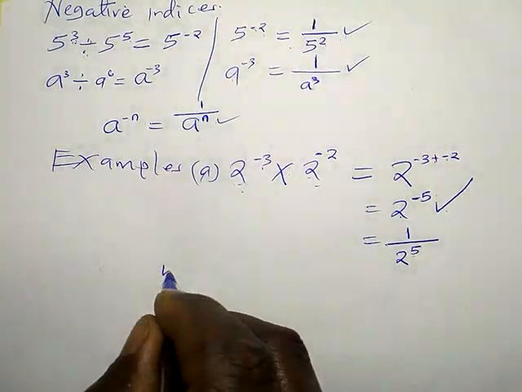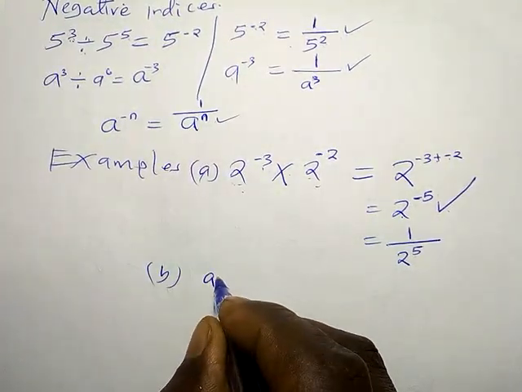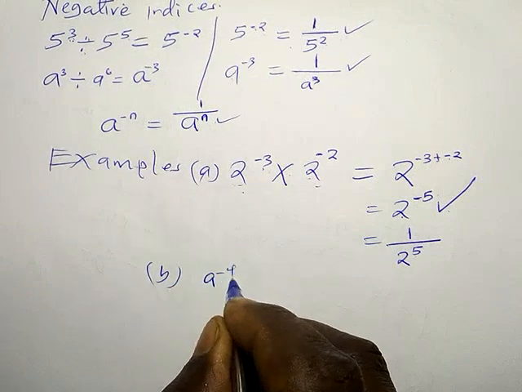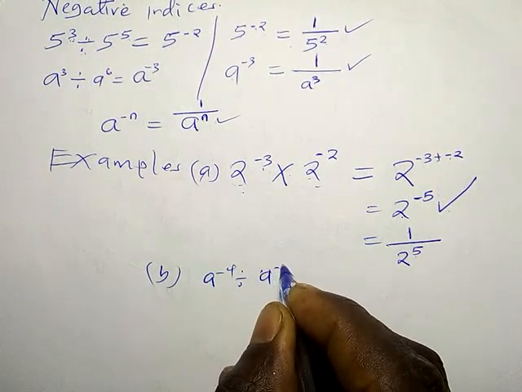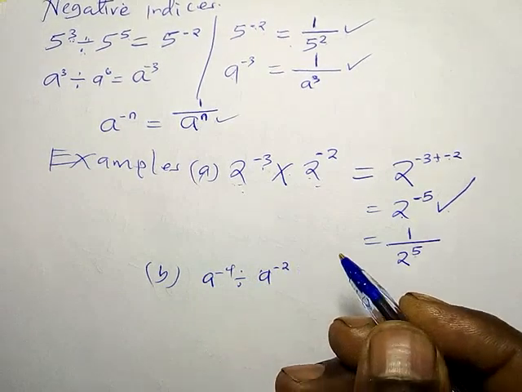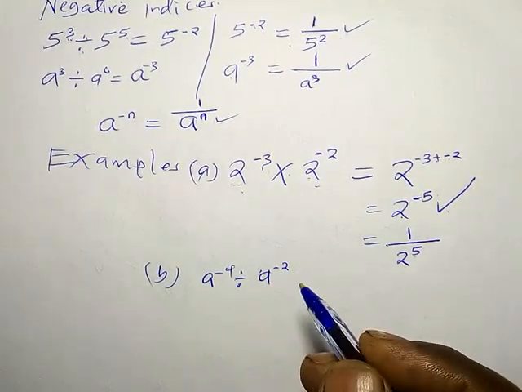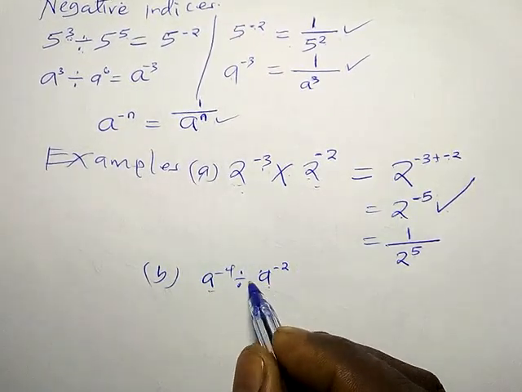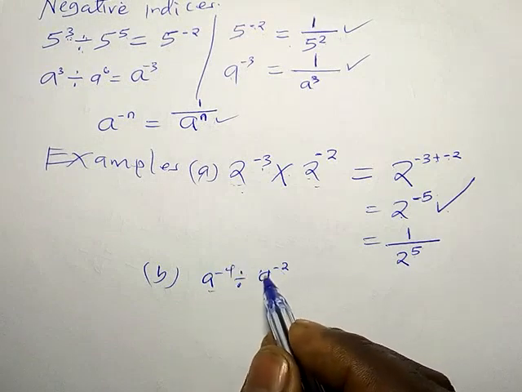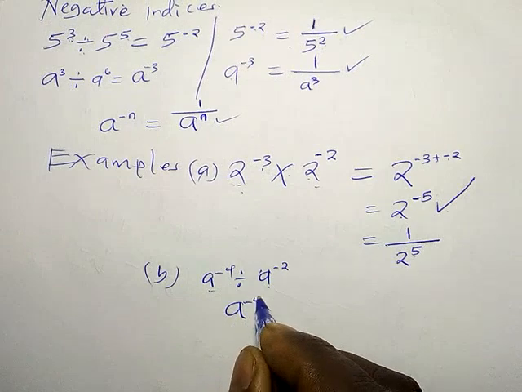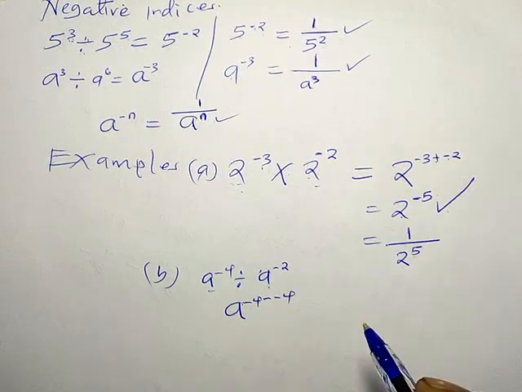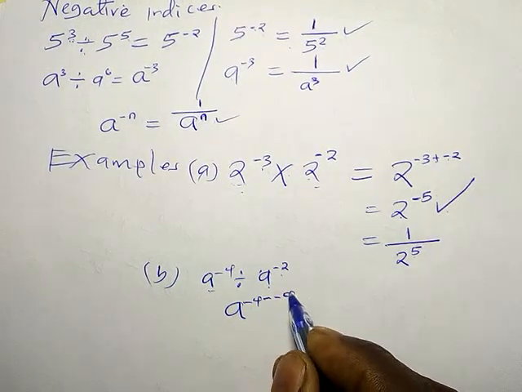Another example, B, is a raised to power negative 4 divided by a raised to power negative 2. This is a division. The rule says when the bases are the same, the index, we do what? We subtract. So a, negative 4 minus negative 2.